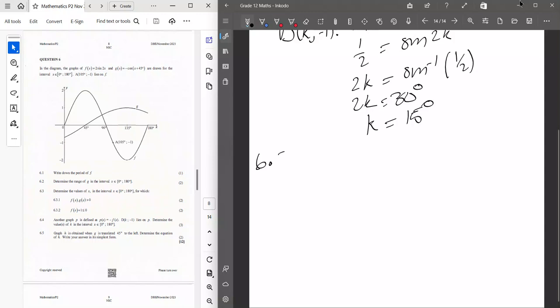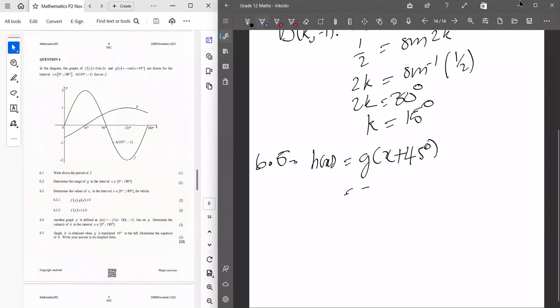Now, 6.5 says, graph H is obtained when G is translated 45 degrees to the left, it will be plus 45 degrees. What is G of x?